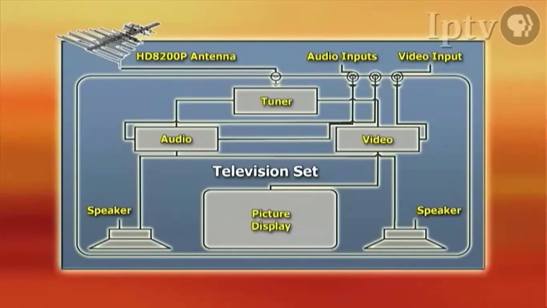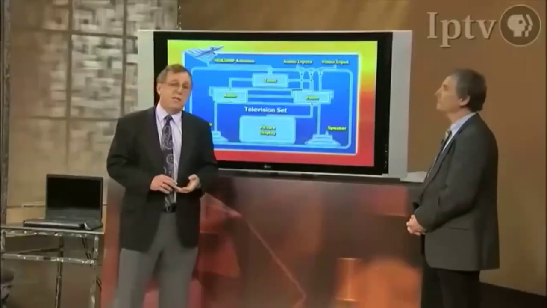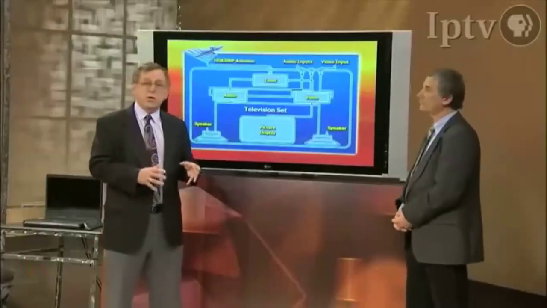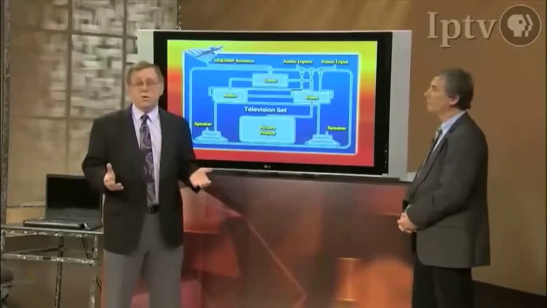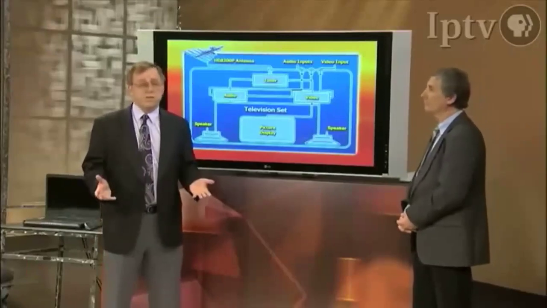On February 17th of next year, analog services go away, but everything in this television set continues to work just fine. So if you have a VCR, a DVD player, those components that you're currently using now, those components continue to work just fine.